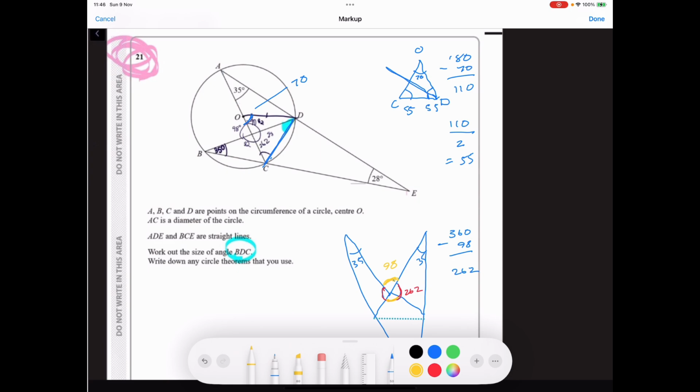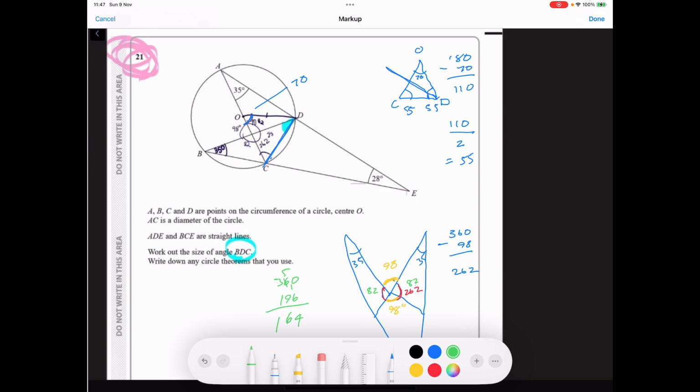So we know this is 98 because it's a vertically opposite angle, and we know that that is 196 from 360, which is 164, is that right? So that's 2, yeah, that's fine. And so that means these are 82 and 82. So, hang on, I'm just going to check I'm not being, yeah, no, that's fine.